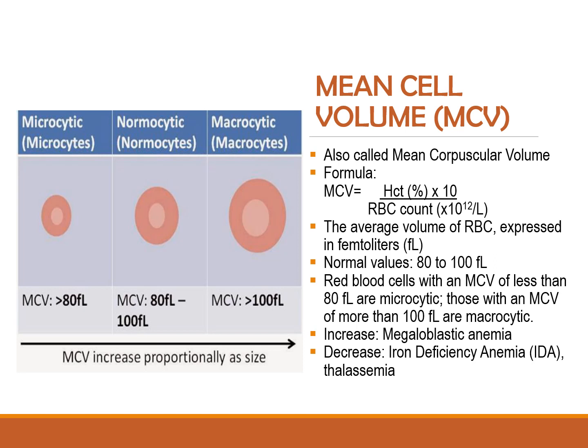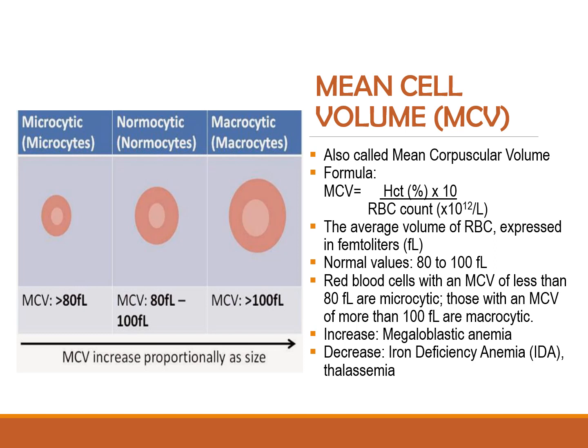If the MCV of the cell is between 80 to 100 femtoliters, the cell is considered normocytic or normocyte. Increased results in the MCV would tell us that the patient is suffering from megaloblastic anemia, whereas decreased results in MCV would tell us that the patient is suffering from iron deficiency anemia or thalassemia.